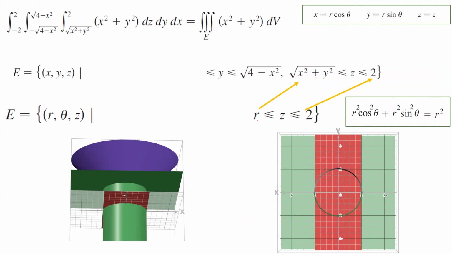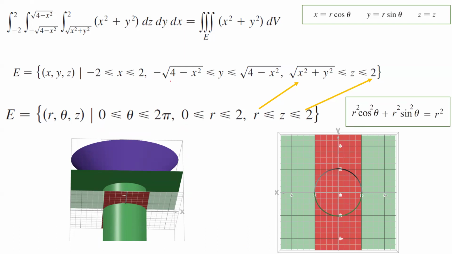Now for y, y from below is bounded by negative square root of 4 minus x squared, and from above by the square root of 4 minus x squared, and then x is bounded between -2 and 2. So by looking at our 2D object, which is the base, this is basically saying that r is bounded between 0 and 2, and theta is a full rotation between 0 and 2 pi.